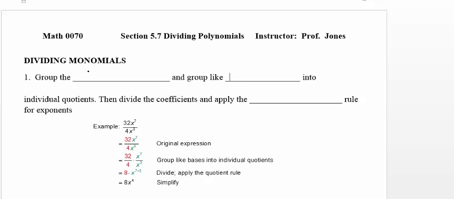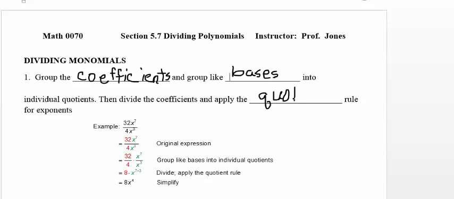That's where we group the coefficients and group like bases into individual quotients. Then we divide the quotients and apply the quotient rule for exponents.